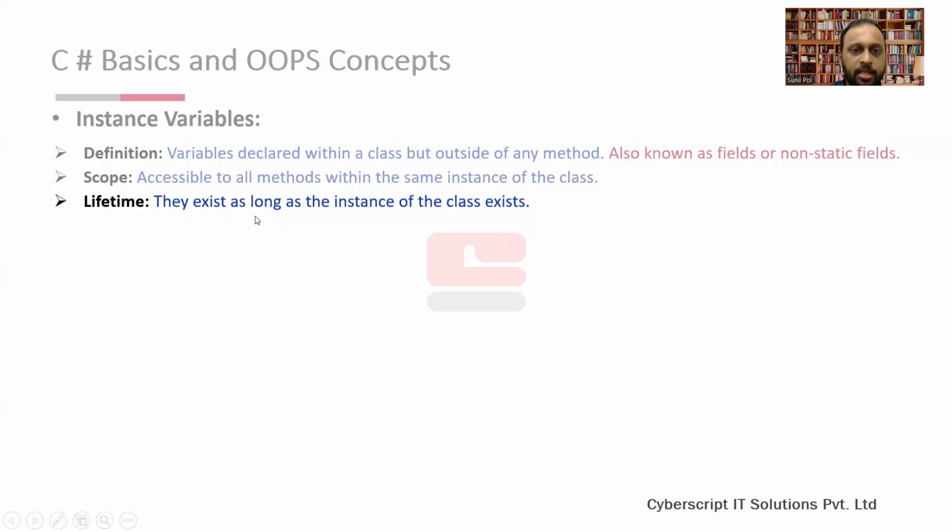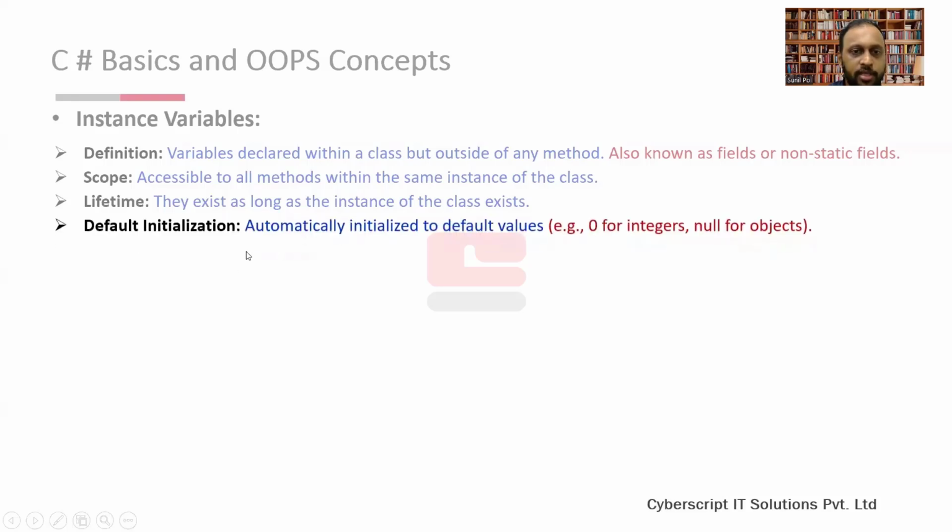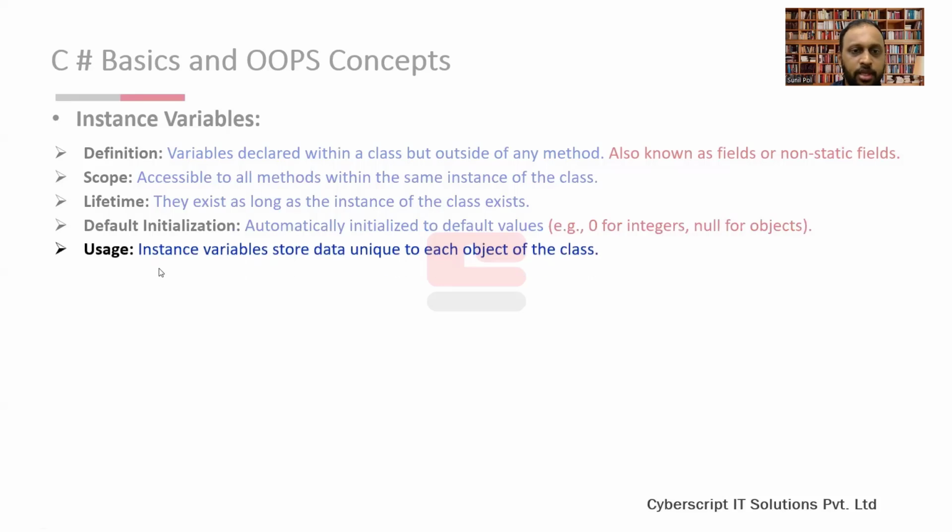Lifetime: they exist as long as the instance of the class exists. Default initialization: automatically initialized to default values like 0 for integers and null for objects. In case of an instance variable, it will take a default value according to its data type. Usage: instance variables store data unique to each object of the class.